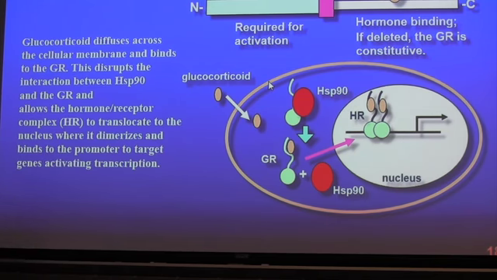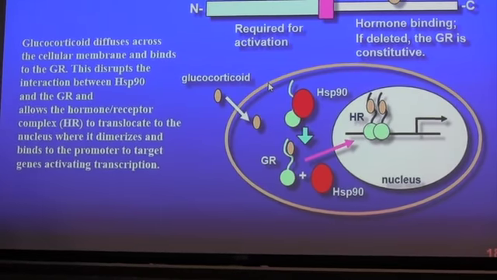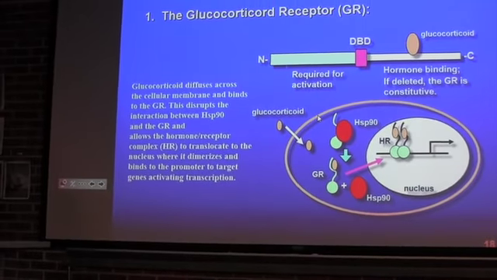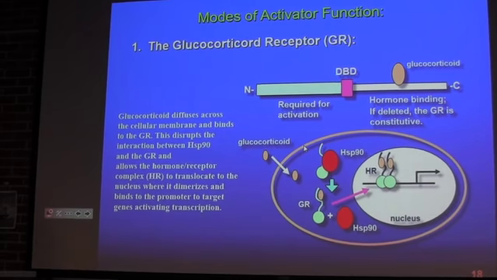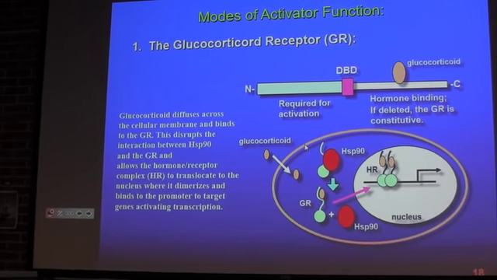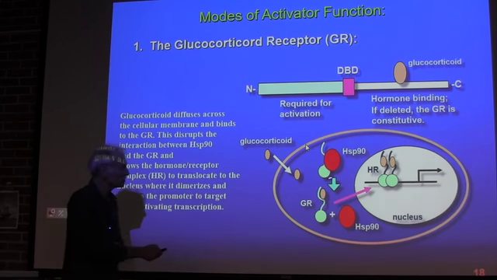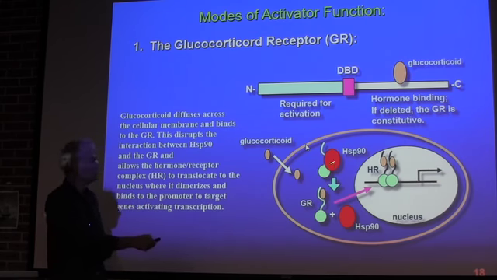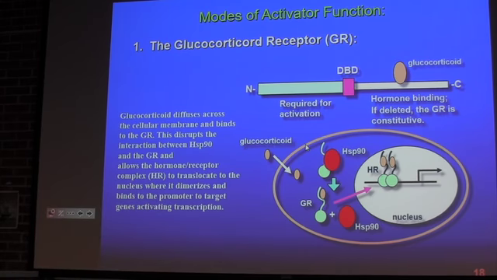This is called nuclear localization as a mechanism. The reason the glucocorticoid receptor is not active is not because it can't bind to a promoter, it's because it's not in the nucleus. So it's sequestered, deliberately kept in the cytoplasm, because its nuclear localization domain has been covered up by HSP90.